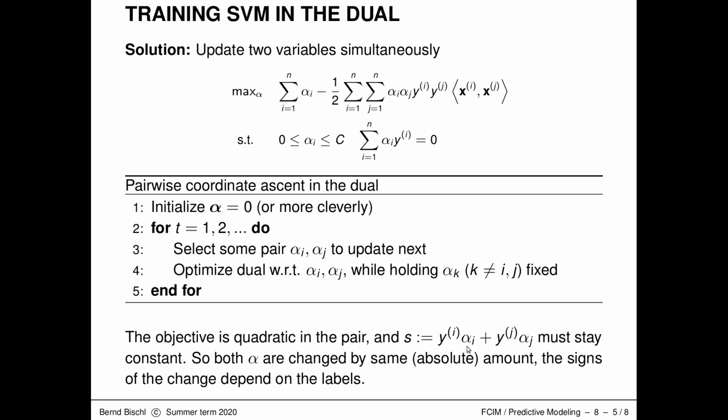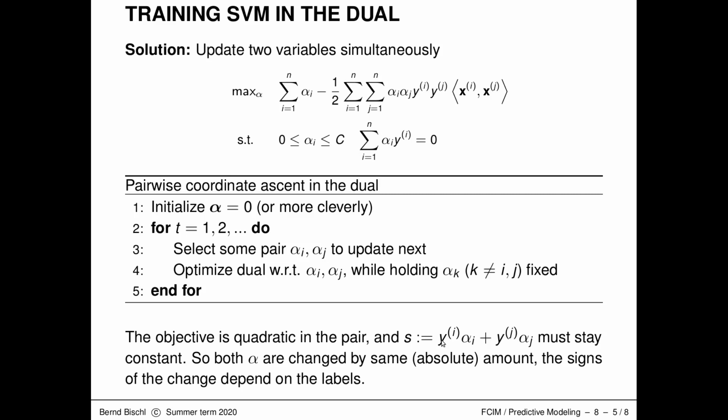So you can basically write down alpha i in terms of alpha j, or write it down in terms of the change. Let's call the change small c. So this would be the increase that we apply to alpha i. And if you write down the optimization problem in this single variable and plug it into this guy here, this will become a quadratic form with one variable.